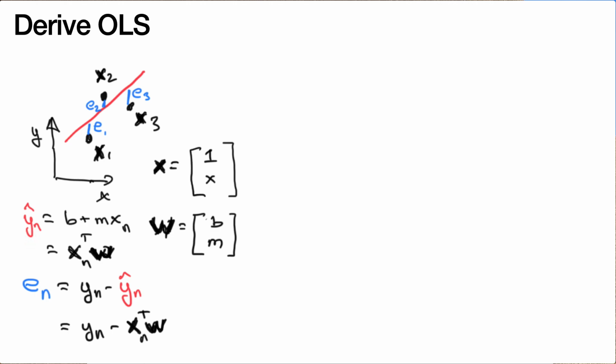Remember, y hat is the estimate, the estimated y, the value that our line is trying to predict given the x inputs. It's always worthwhile remembering that this kind of regression says, given an x, what am I predicting for a y? Okay? So, how do we go from there?